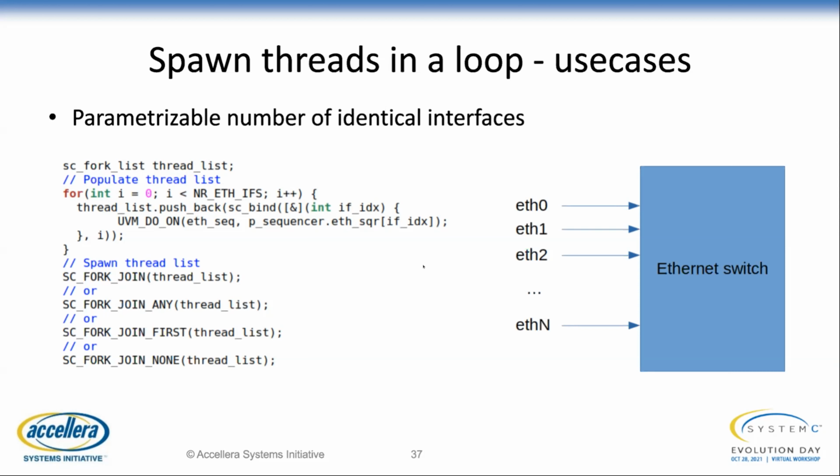And you want to drive traffic on each one of them independently. And if the number of interfaces is too large, it's easy to do it in a for loop. And you populate it with some threads that, for example, start a UVM sequence on a sequencer. And then you can join these threads however you find useful in your scenario.